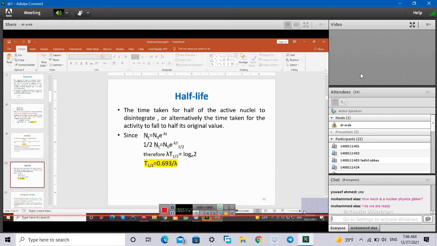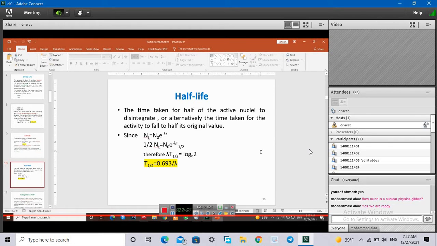And after that we reach the other nuclear physics concept, that is half-life time. Half-life time is the time that we need to reach half of the activity, or half of the number of radioactive nuclei.